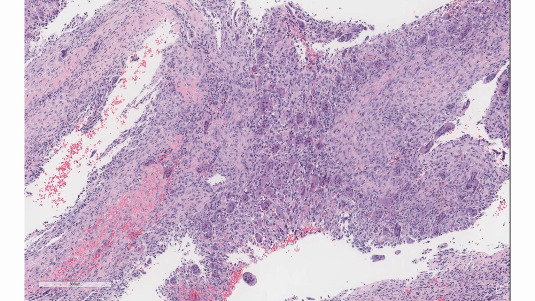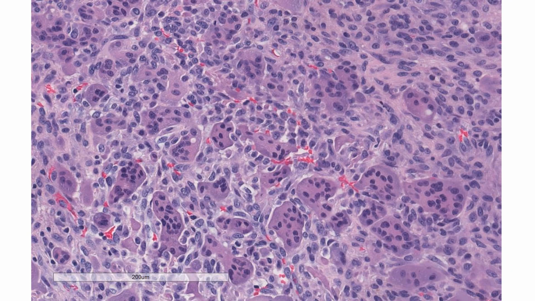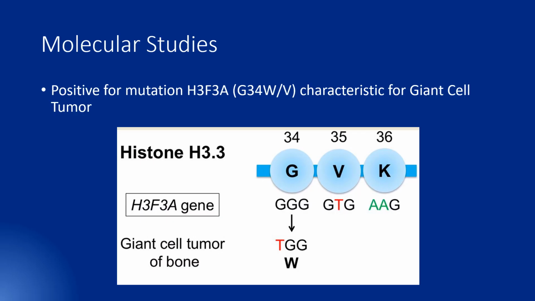The next slide shows an area of more solid fibroblastic proliferation with crowding of osteoclast-like giant cells. This is a higher power view, which shows dominating osteoclast-like giant cells and, between them, spindle neoplastic cells. At this point, we were favoring a diagnosis of aneurysmal bone cyst, ABC.